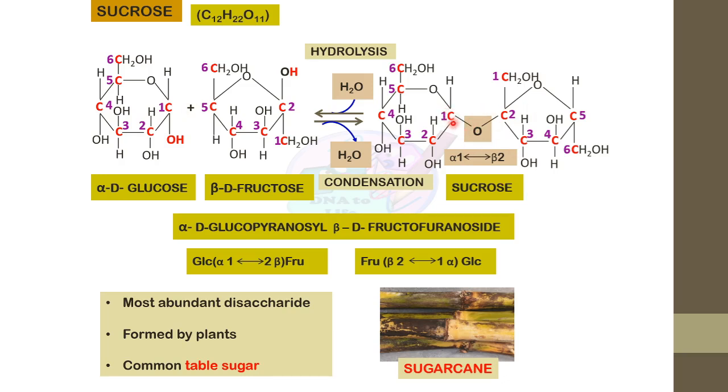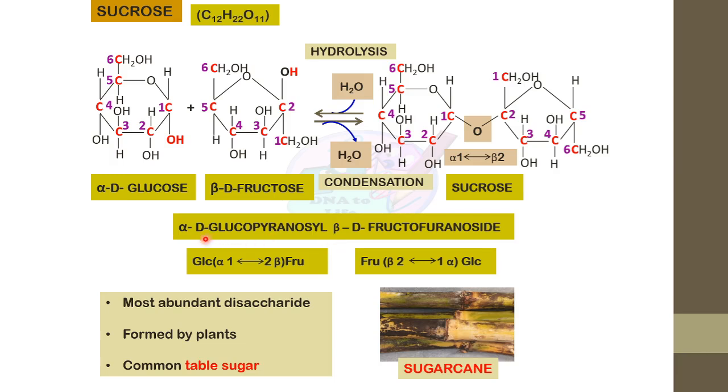Since the first anomeric carbon is at position 1 and in alpha form, this is alpha 1, and this anomeric carbon is at the second position and in beta form, this is called beta 2. So this is the alpha 1 beta 2 bond formed between alpha D glucose and beta D fructose, and since these two are reacting, water is released here and sucrose is formed.